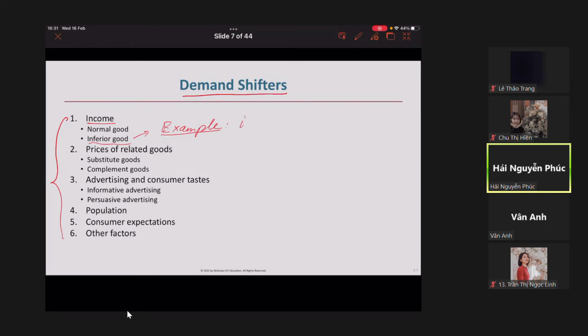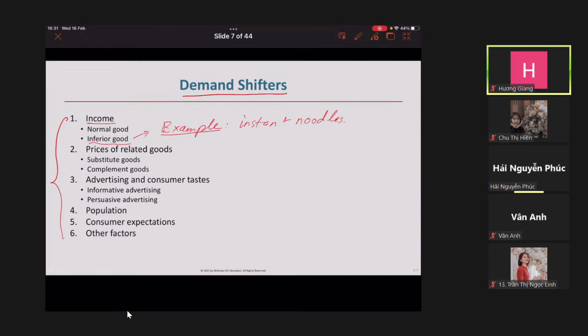You say instant noodle, yeah? Instant noodle, right? Okay, that's correct. For example, when you are a student, you have quite low income, you eat a lot of instant noodle. When you finish university, you go to work, you have more income, you're going to consume less instant noodle.